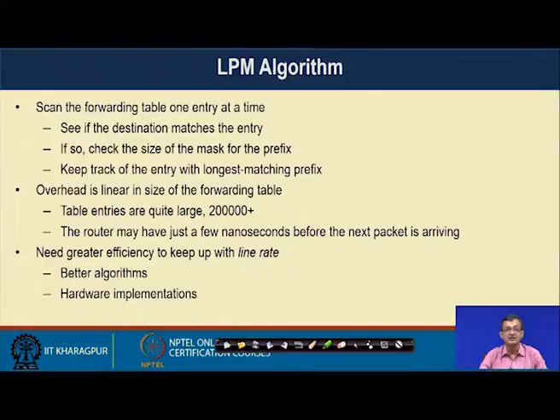There can be 2 lakh, 3 lakh entries overall, and looking at them in linear time will take a huge time, whereas packets are being pumped into the router maybe every nanosecond. So a huge number of things need to be processed, and we need a better algorithm to find the longest prefix match. That is a major challenge. These days it is hardwired, handled by the hardware.